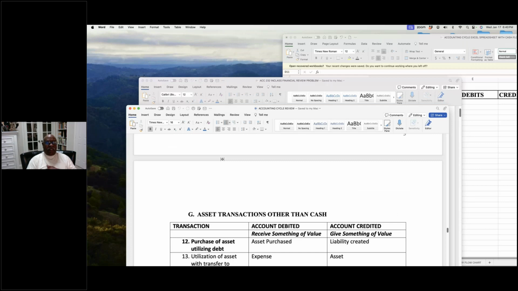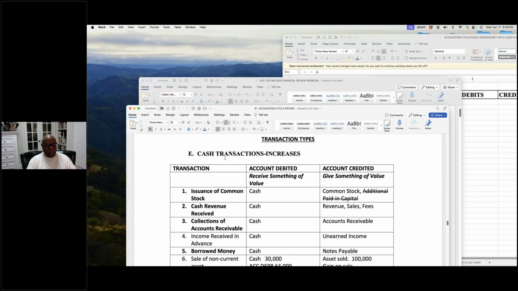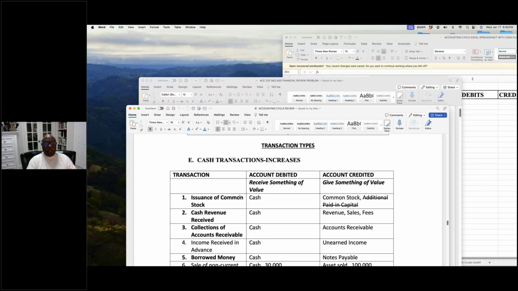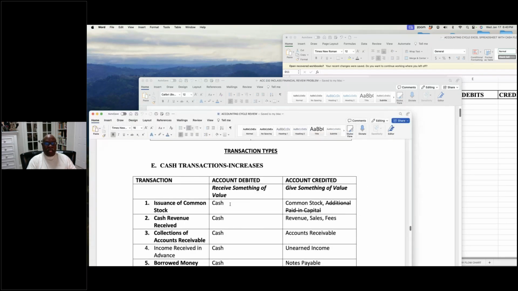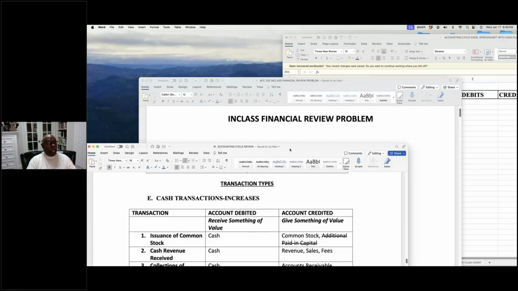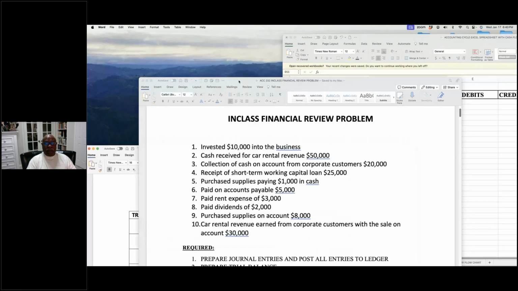This is always the first entry we make. We have to issue common stock. And we debit cash and credit common stock. So the transaction type is 1. In a 1, you debit cash and credit common stock. So this is always the first journal entry.